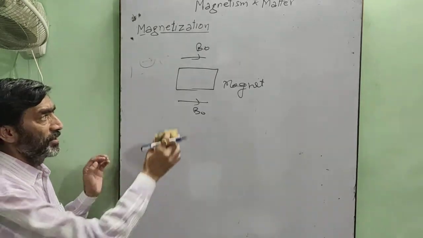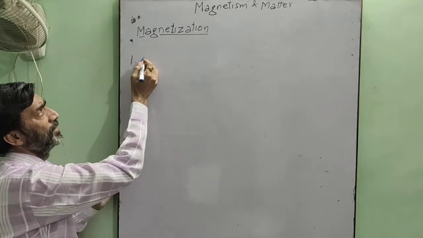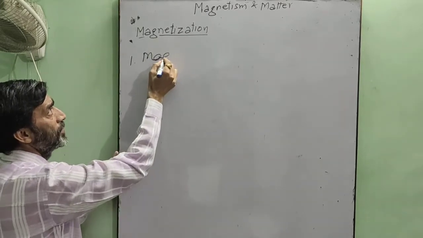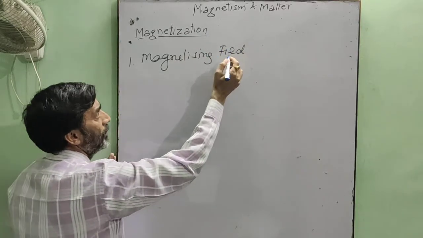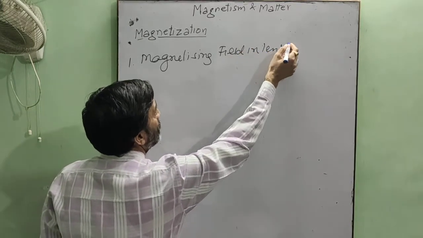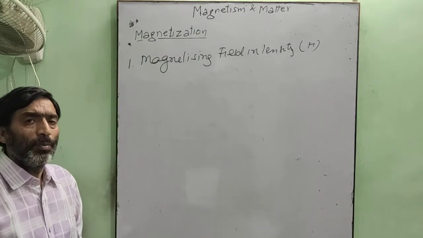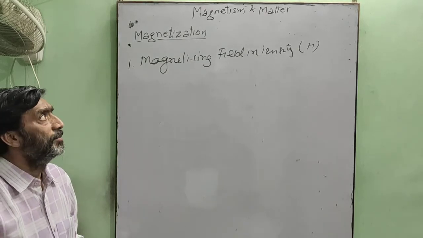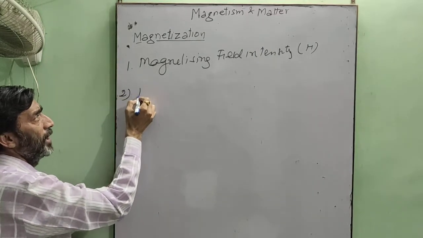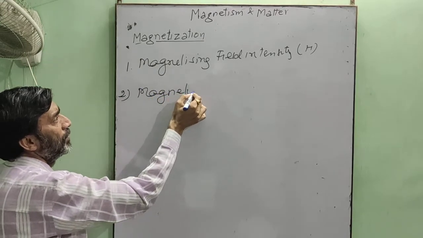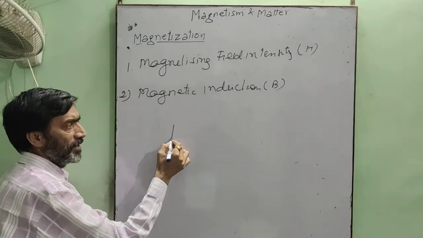Now we have to discuss some important terms in magnetization. The very first is magnetizing field intensity, represented by H. The external magnetic field used in the process of magnetization is called the magnetizing field intensity, represented by H. Number 2, magnetic induction, represented by B. This is a magnetic substance, iron.